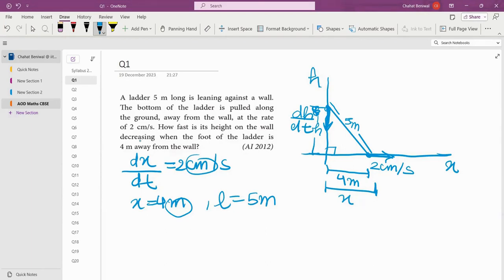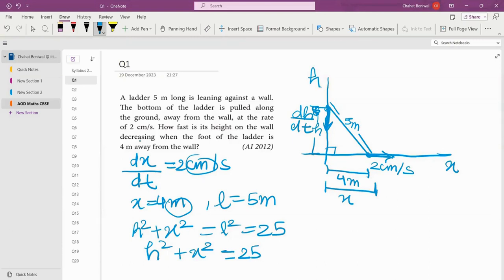Since it's a right angle triangle, we can apply the Pythagoras theorem, which says h square plus x square is L square, which is 25. So this is the expression: h square plus x square is 25.